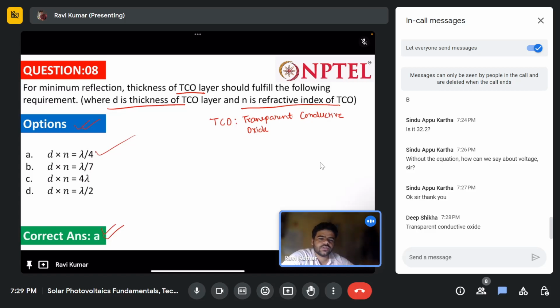It is related to the reflection of light. Will it be transmitted or reflected back?